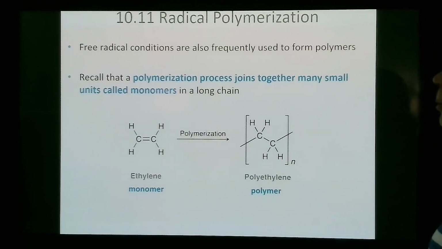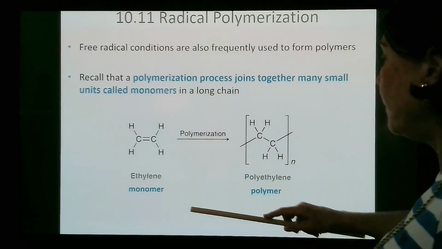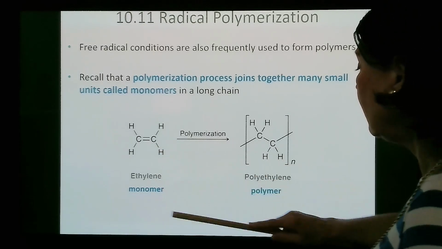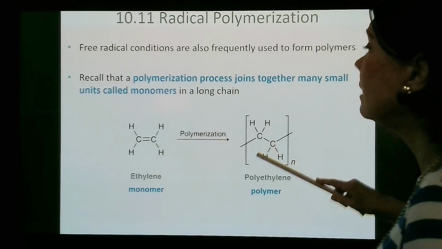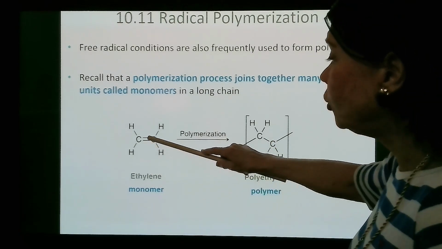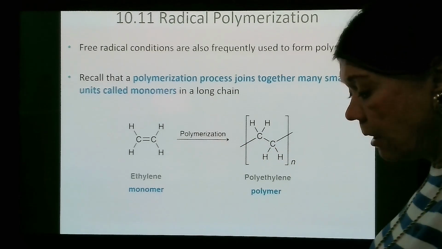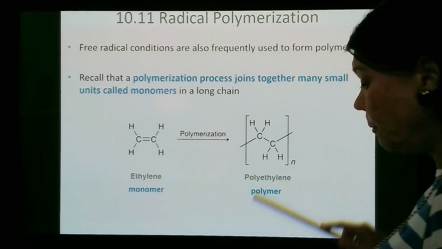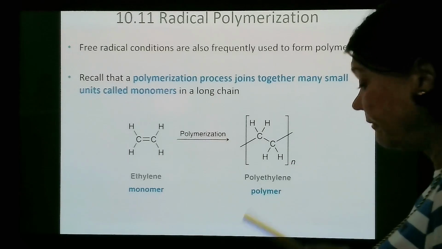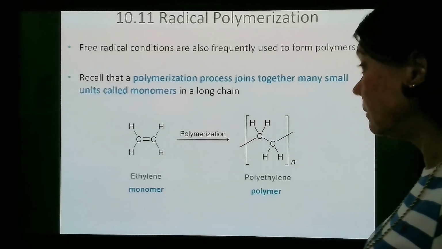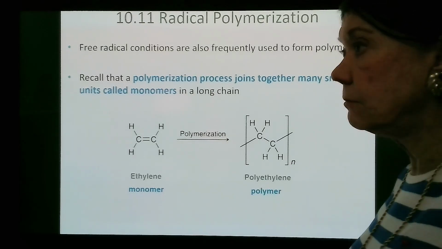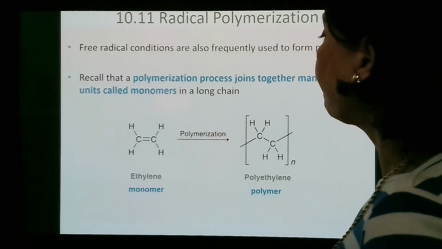Now, radical polymerization. Here, when you have ethylene, you get polyethylene. So you are joining together many small units to form a lengthy polymer, depending on how long. Very often n is quite large, in the thousands or hundreds of thousands even.